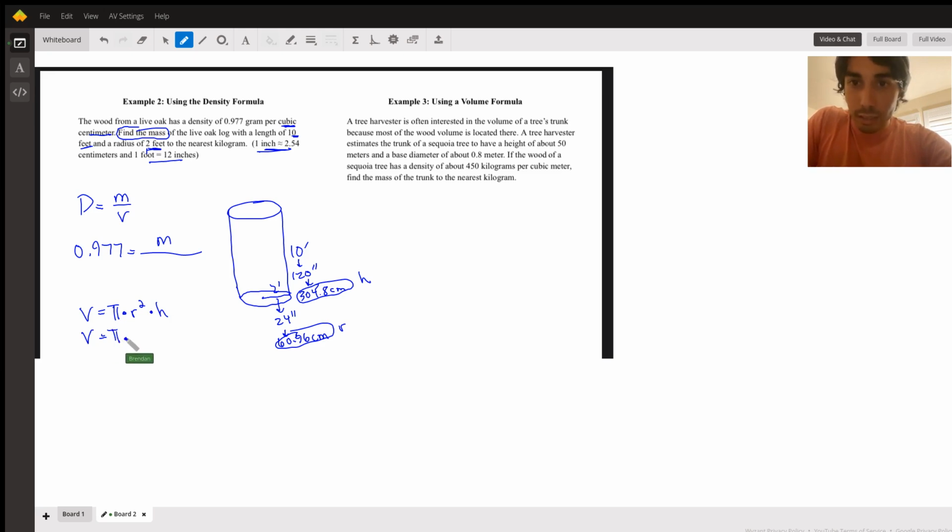So let's substitute what we know about the radius and the height. So the radius is 60.96. Don't forget to square it. Times the height, 304.8. And this will go straight into your calculator. Make sure when you square it that the only thing you're squaring is that 60.96, because we're only squaring the radius. And then multiply by pi, multiply it by 304.8.